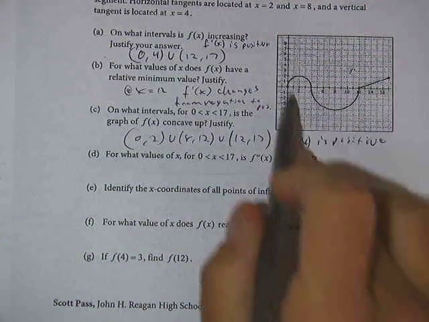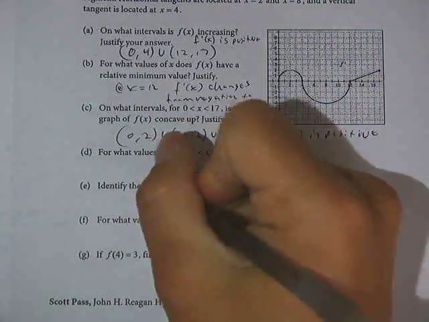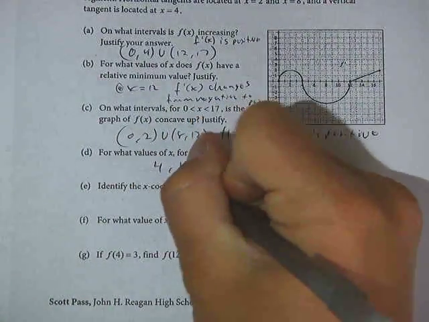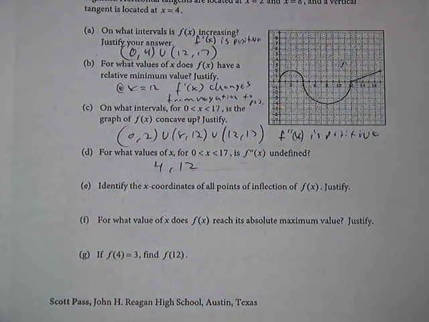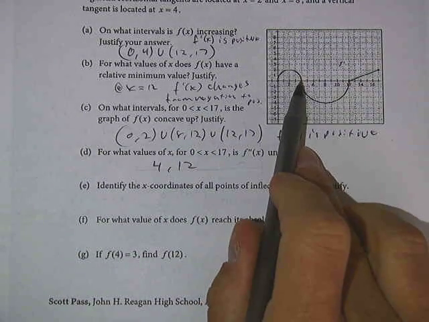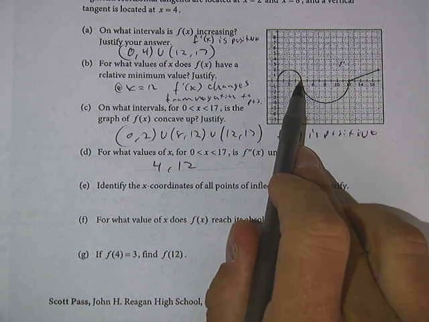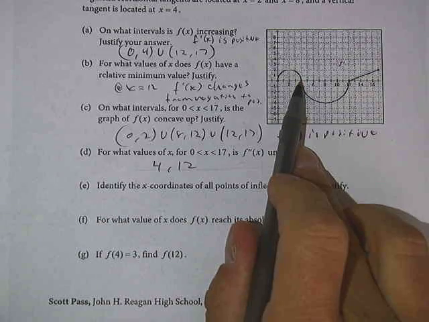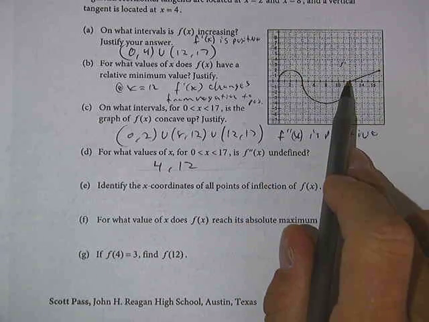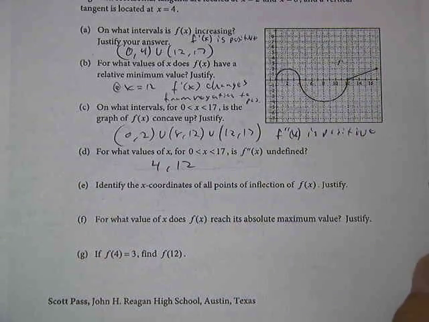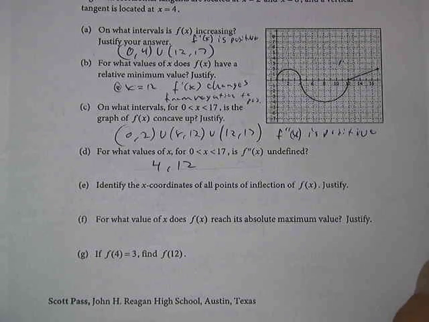And then from 12 to 17. And justify it because this is when the second derivative is positive. Questions on concavity analysis?